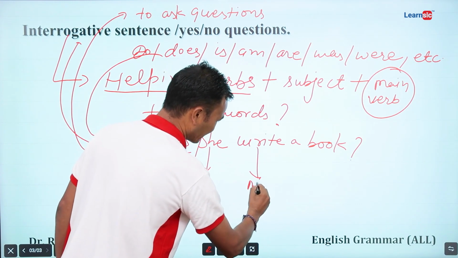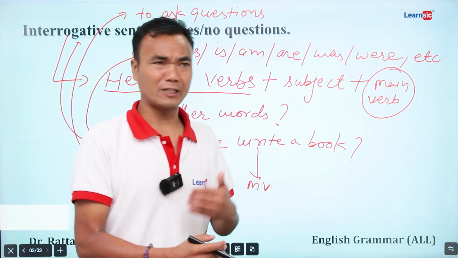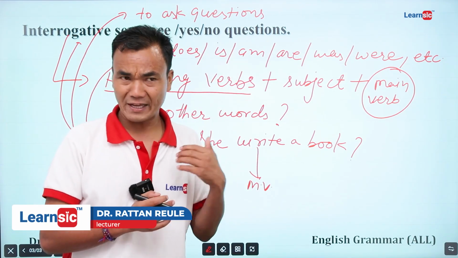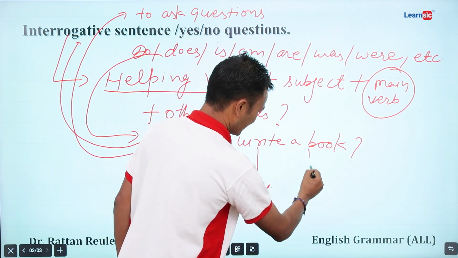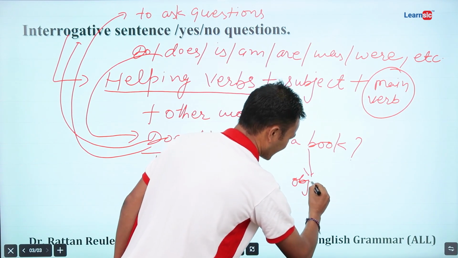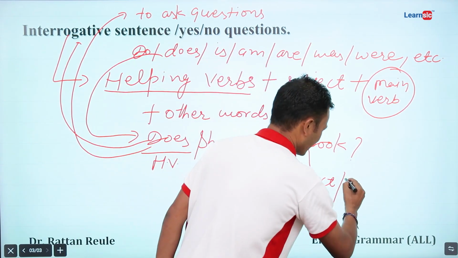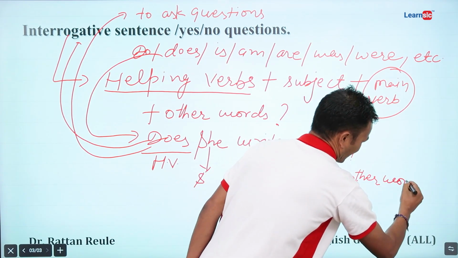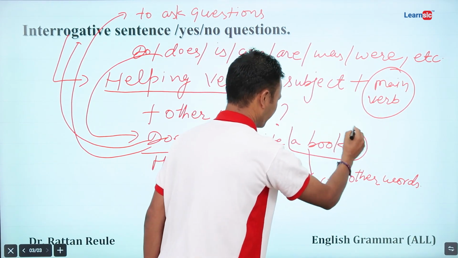We have a main verb concept in English. We all know B1, B2, B3, B4 and ing. These are all examples of main verbs. And then after that, other words, which we sometimes call the object, or simply other words, right?